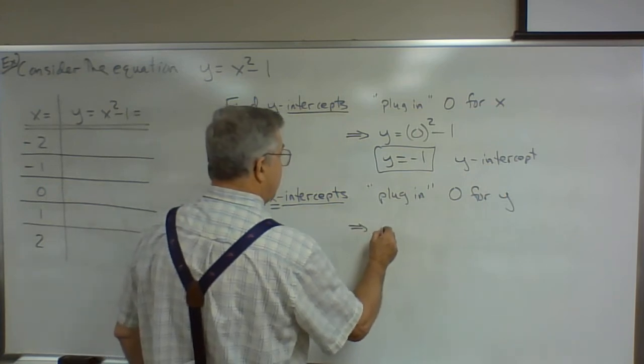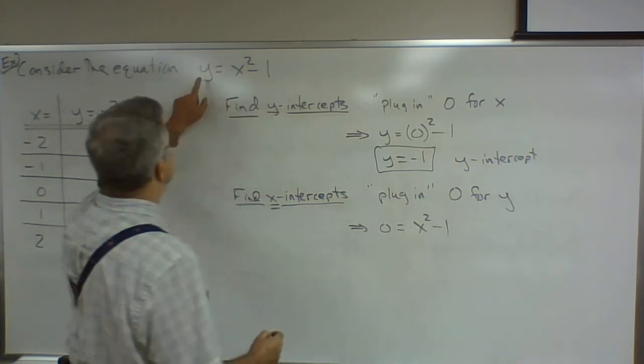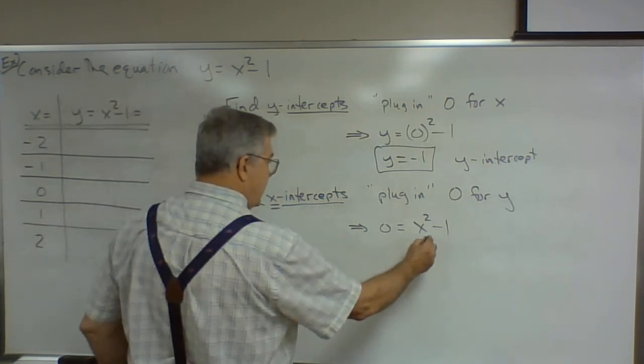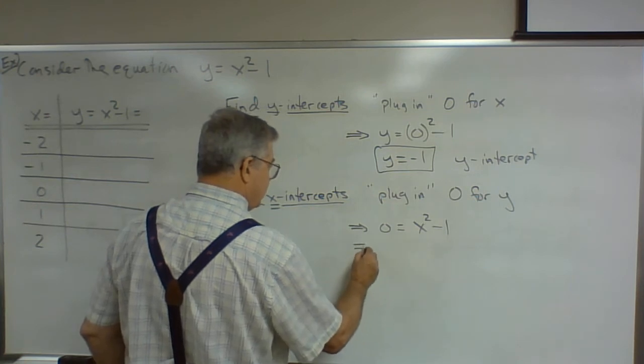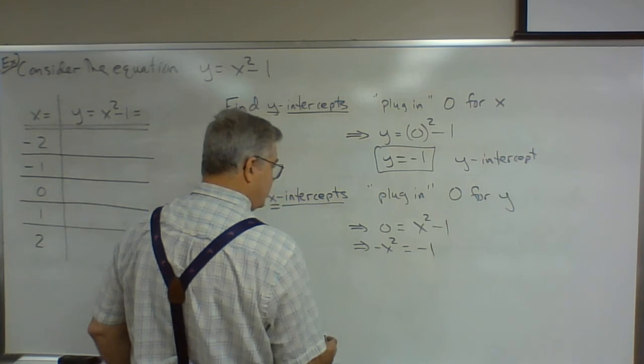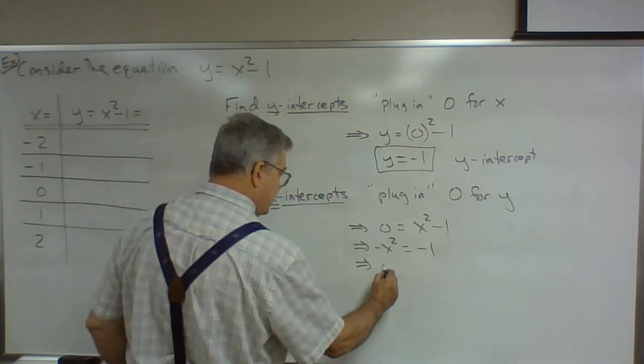So that means we have 0 equals x squared minus 1. Plug in 0 for y. And let's move the x squared to the left. Negative x squared equals -1. Okay, let's multiply both sides by -1.